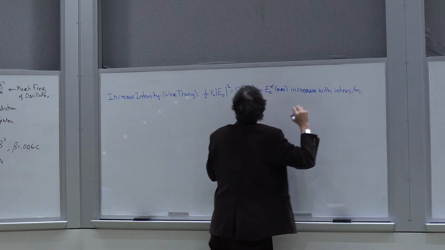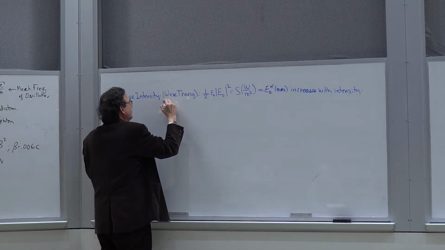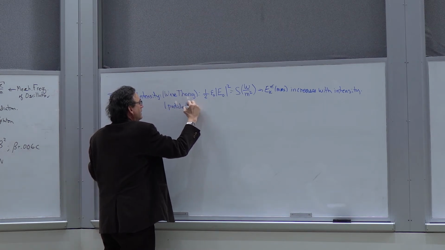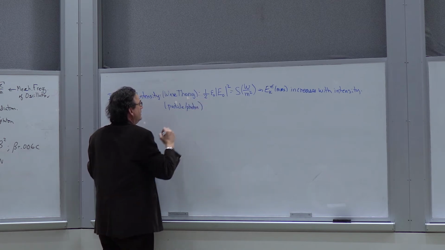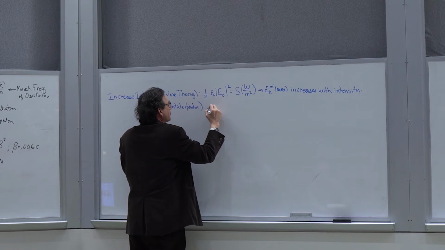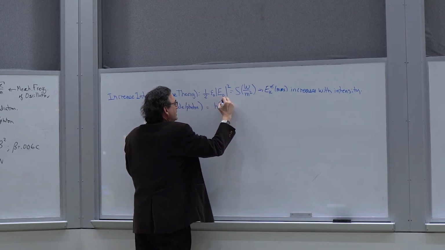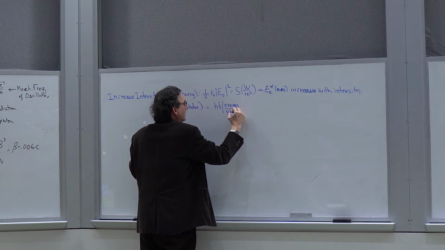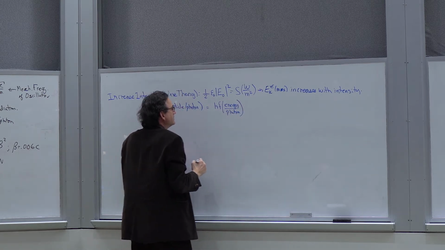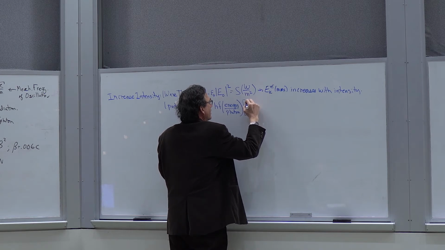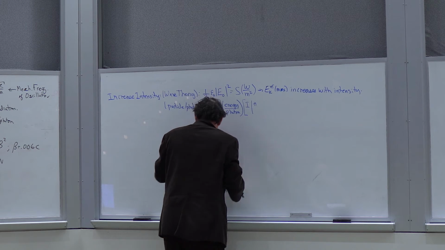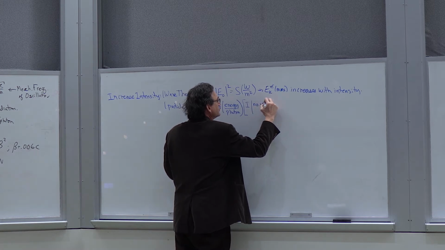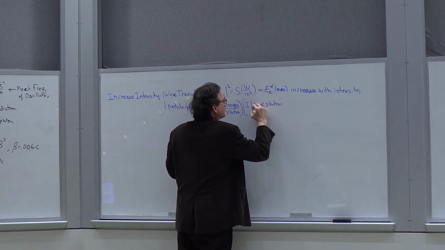According to the photon picture, which we call the particle theory, the energy per photon is h times f, and the intensity, which I will call I, is the number of photons per square meter.